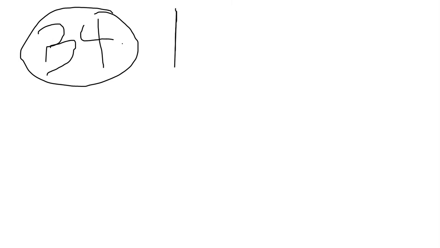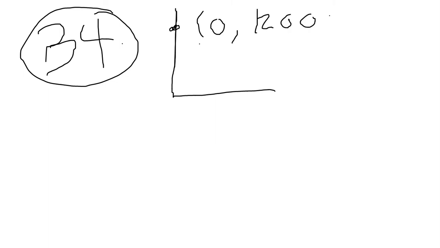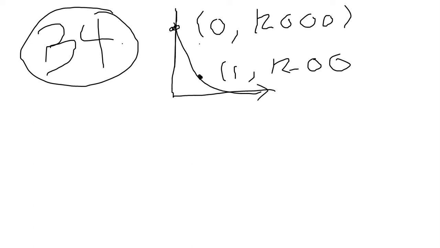On 34, we're given a coordinate plane with an initial point of (0, 12,000), and a second point down here at (1, 1200). And then it gives me my little decay curve. So on here, I'm only going to use these 2 points. That's all I need to solve this thing.